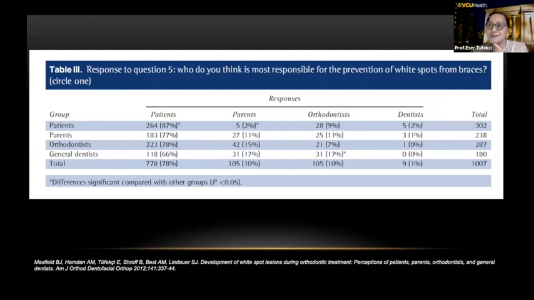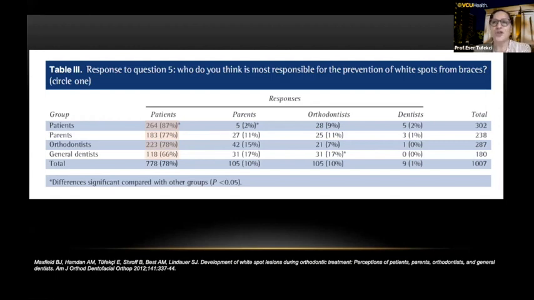Then the next interesting question, which was actually the fun question, was: who do you think is most responsible for the prevention of white spots from braces? In this case, thankfully, 87% of patients thought that they are responsible for the prevention. Both parents and orthodontists, 77% and 78%, thought that patients were responsible.